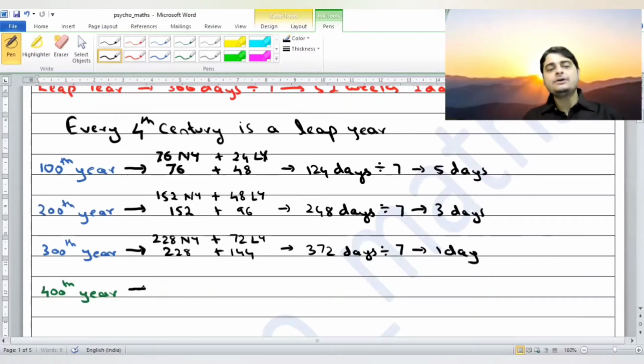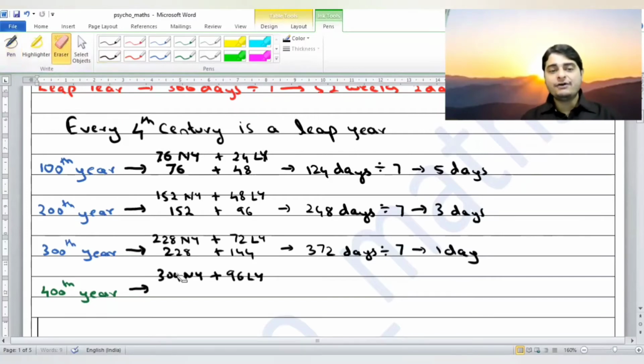But when we come on to the 400th year, that is the 4th century, 76 fours, how much does it come to? 76 fours will be 304. This is as per normal calculation. And 24 fours will be 96. But no, students, this calculation will go wrong, because the 400th year is not a normal year.